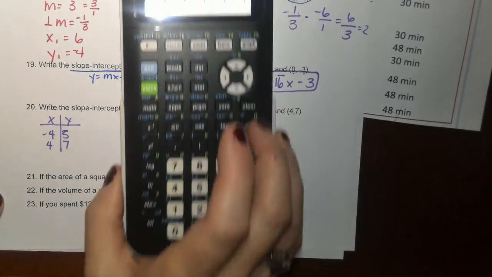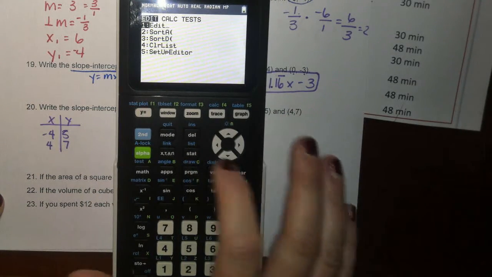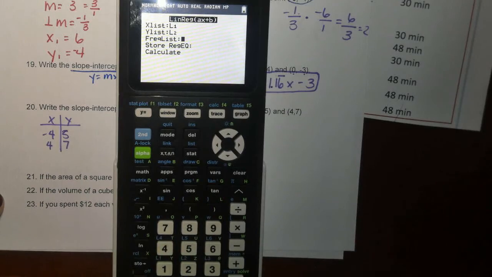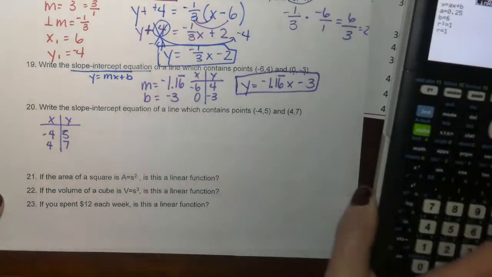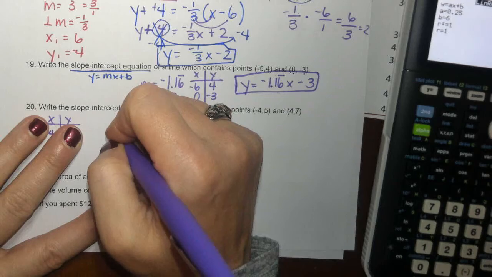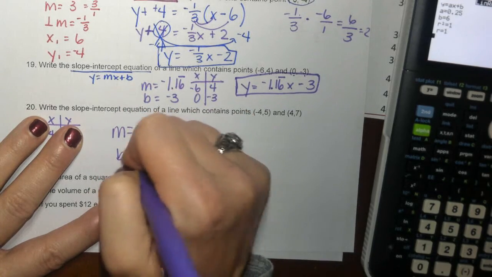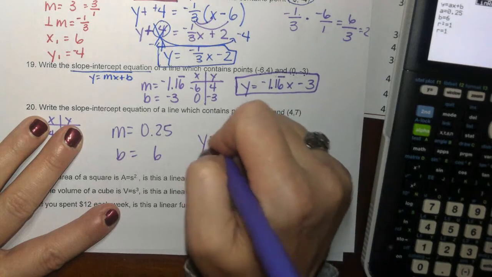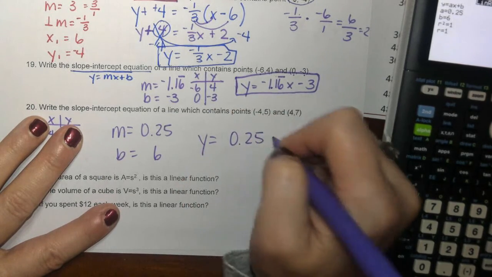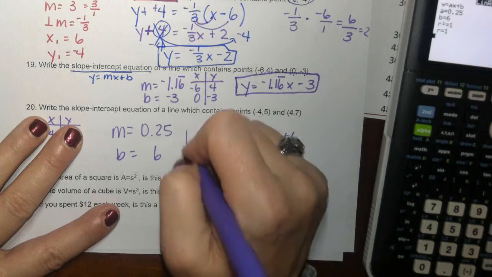So now, stat, calc, 4, enter, enter, enter, enter, enter. Your m is 0.25, and your b is 6. So y equals 0.25x plus 6.